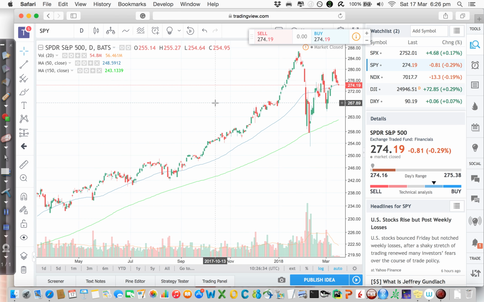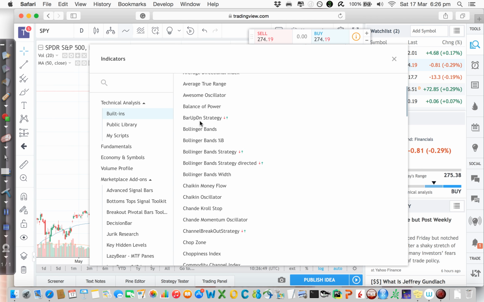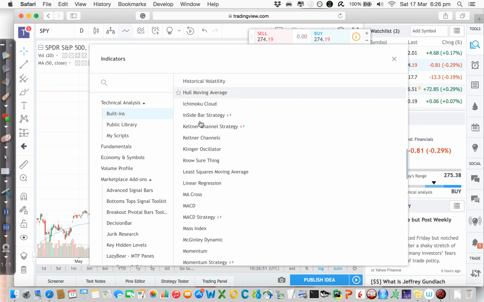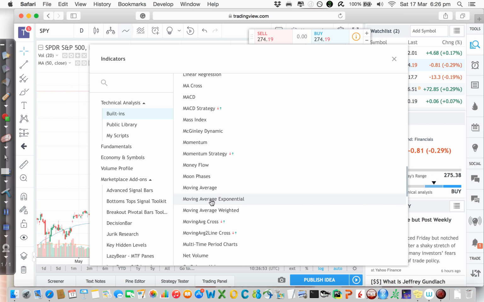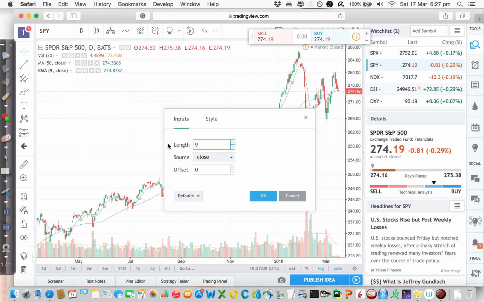Actually, there is something else that I want to point out. When you are looking for shorter term trend, you may even use another kind of moving average that is called exponential moving average. And I can show you here, moving average exponential, you see. Let's use the 50 again.